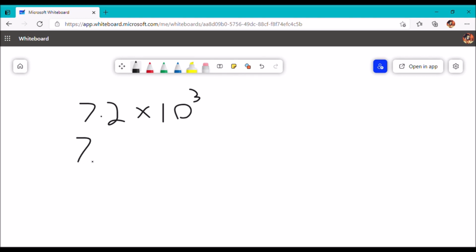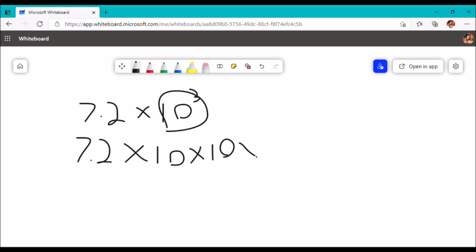So first, 7.2 times 10 to the power 3. We must first expand this number. So 10 to the power 3 means there are 3 tens that are multiplied by each other, which means 10 times 10 times 10 is 1000.